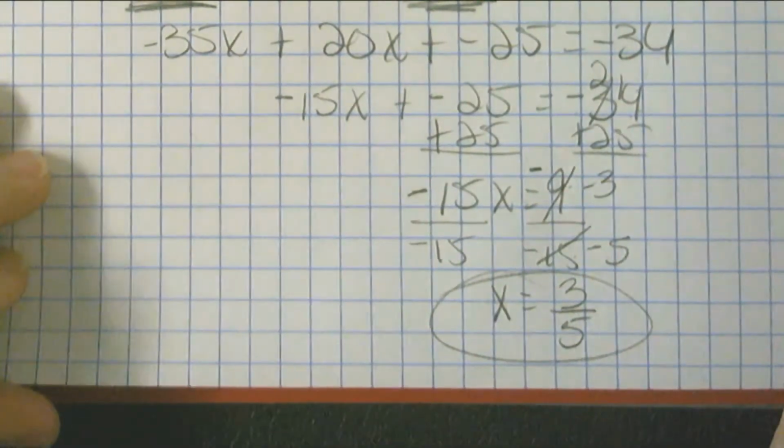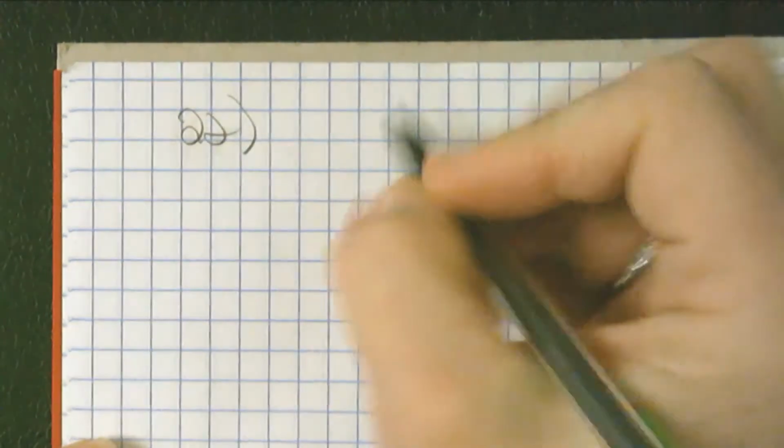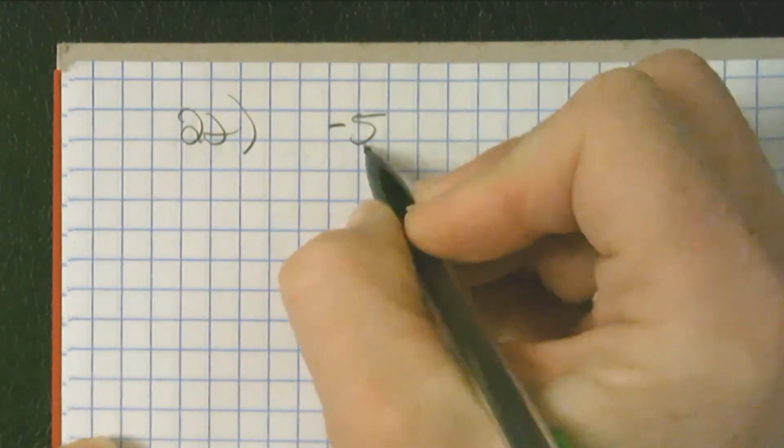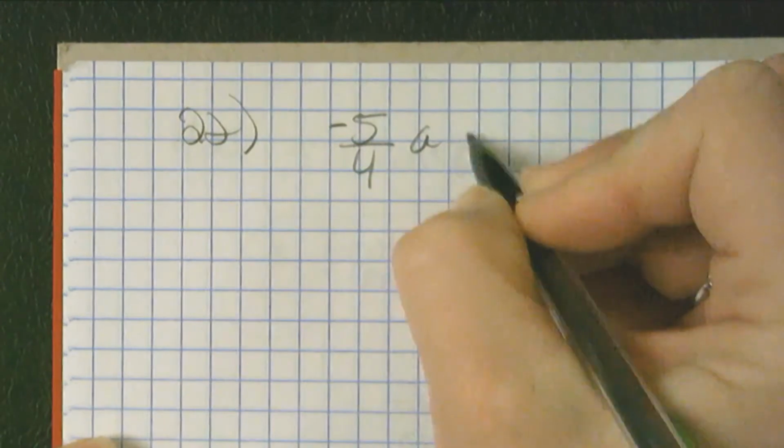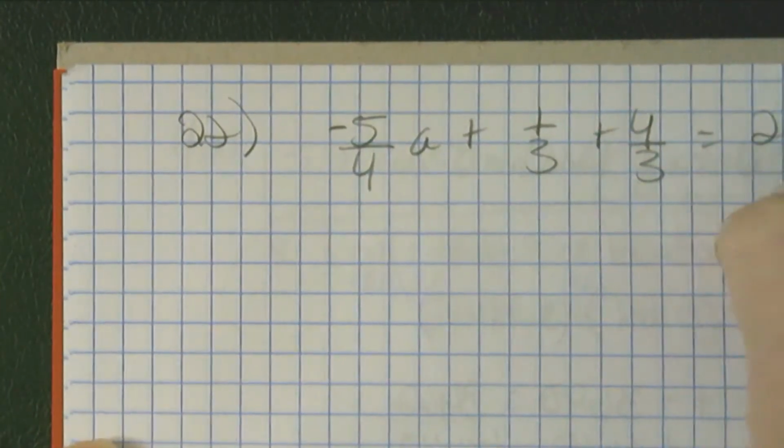Ada? 22. So 22 said I have a negative 5/4 times a plus 1/3 plus 4/3 is equal to 25/6.